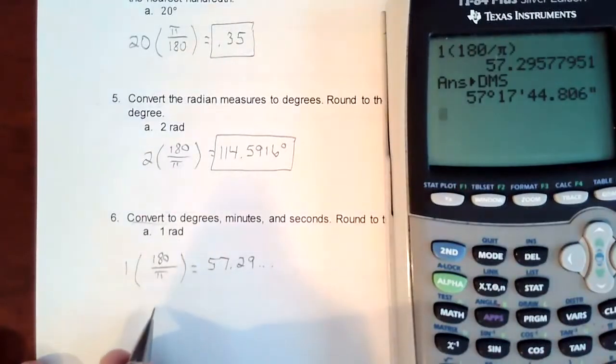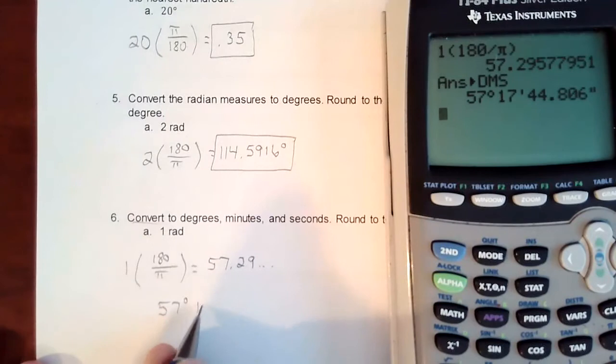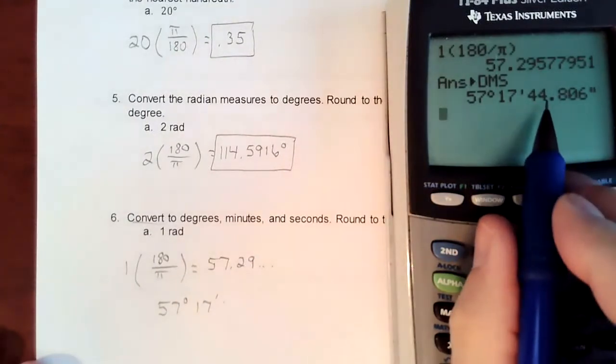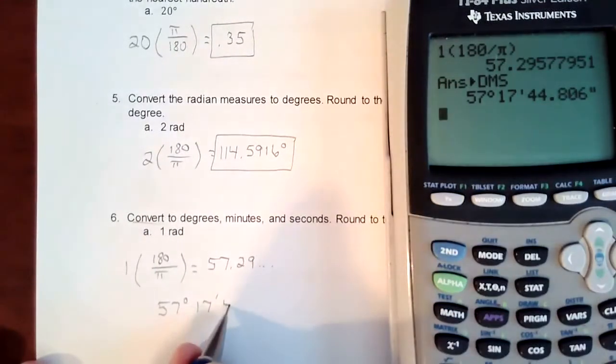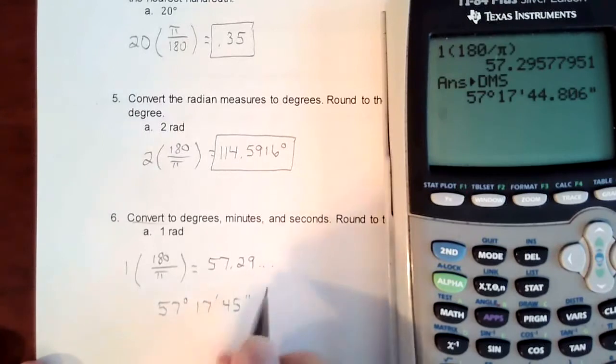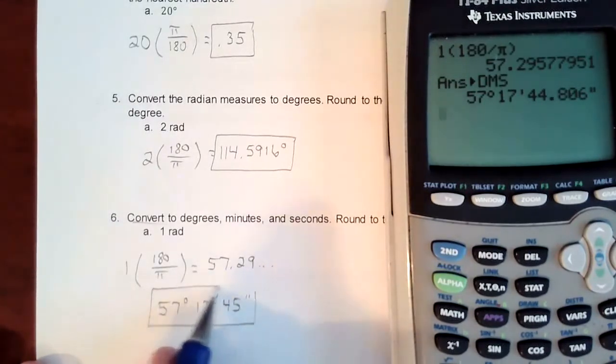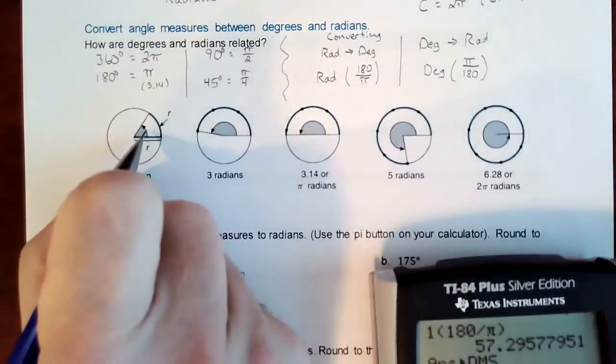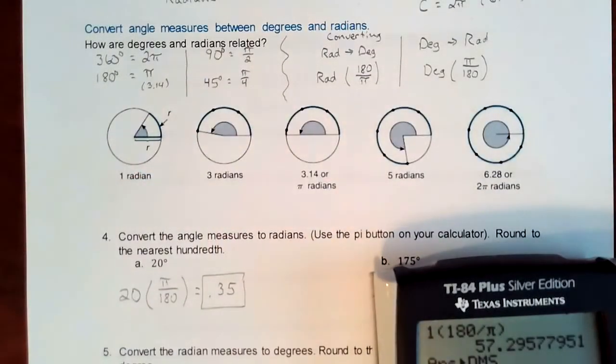So it's going to be 57 degrees, 17 minutes, and then 45 seconds. Okay, so 1 radian, that value would be around 57 degrees.